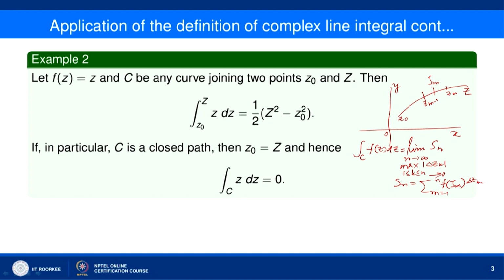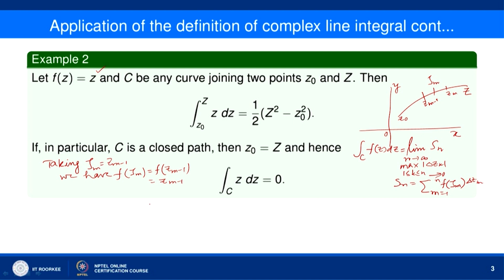So, we can take zeta m to be Z m minus 1 as well as zeta m to be Z m. Okay. So, taking zeta m to be Z m minus 1, we have f(zeta m) equal to f(Z m minus 1) equal to Z m minus 1, because we are taking f(z) equal to z.